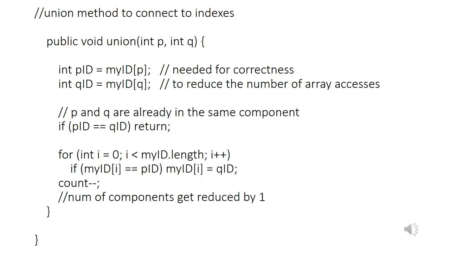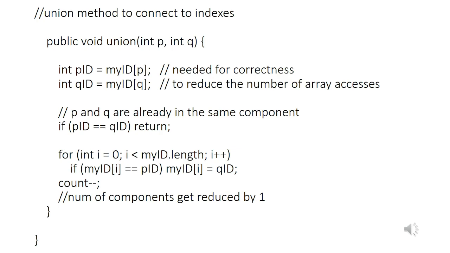Here's the union method which is used to connect two indexes. For that you have to pass two parameters, in my case P and Q. And then you create two variables, PID and QID, and set PID equal to the value at index P in my ID array. Do the same for Q also. If P and Q are already in the same component, this if statement will return.